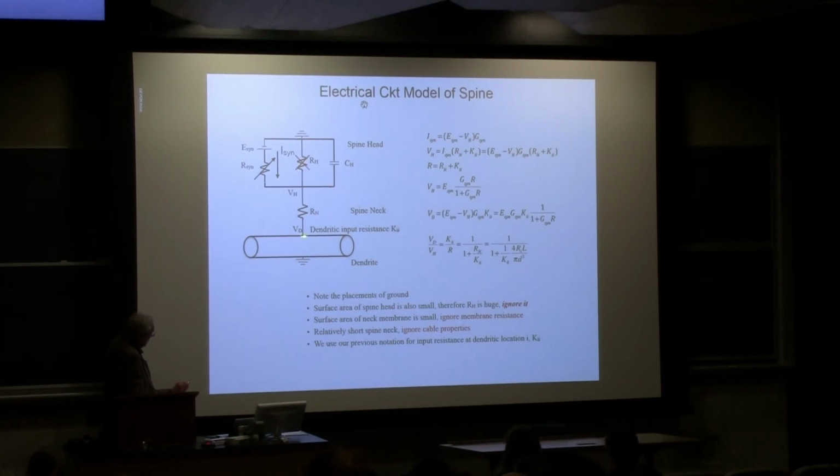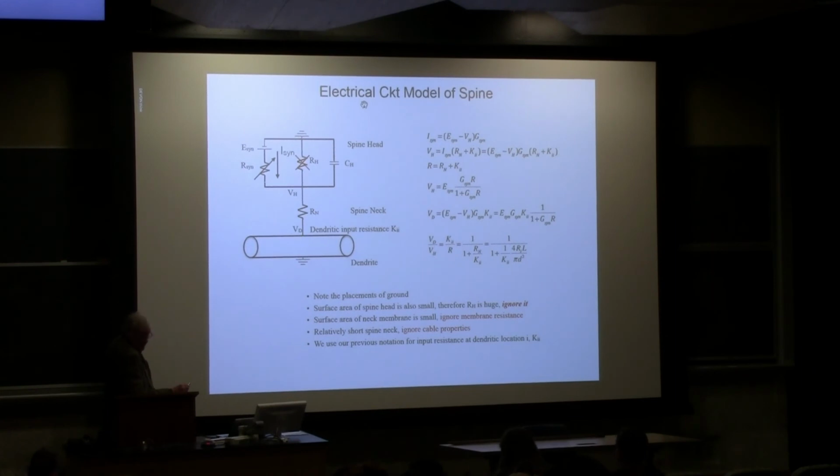The voltage at the dendrite is in turn equal to, so the synaptic current is flowing like so. It can't flow, remember these are zero, so it can't flow anywhere else in this electric circuit. It has to flow through this resistor. It has to flow into the dendrite.